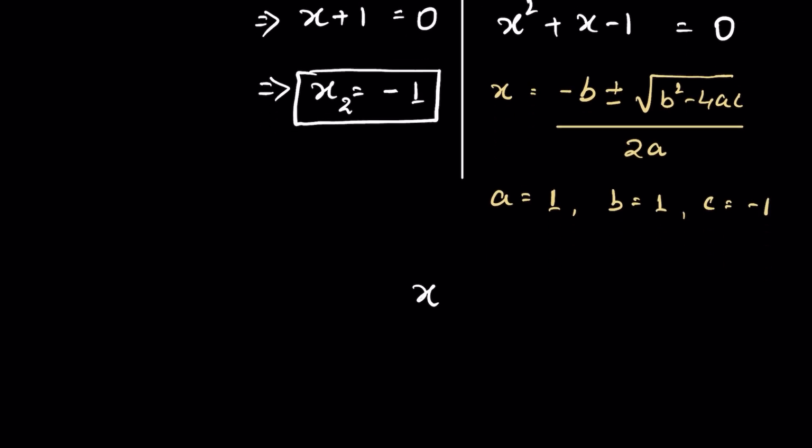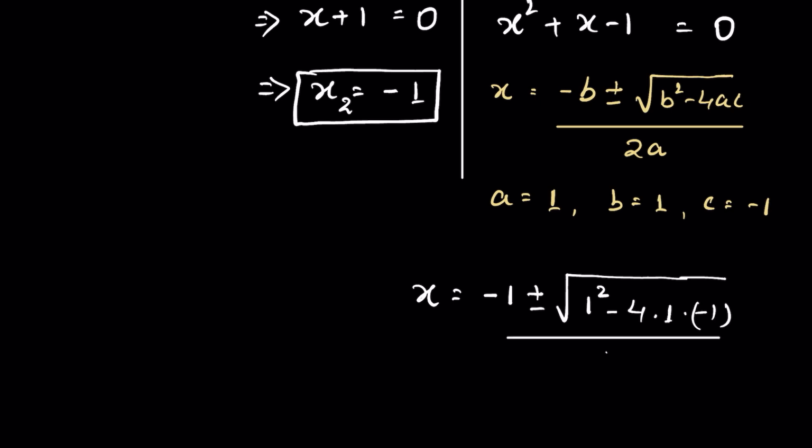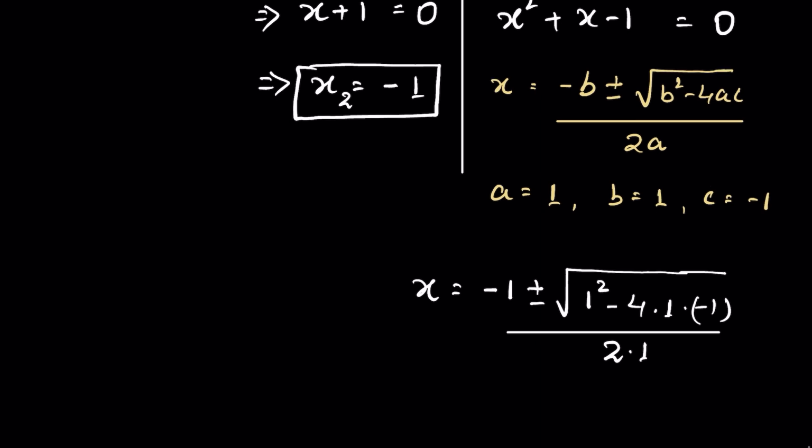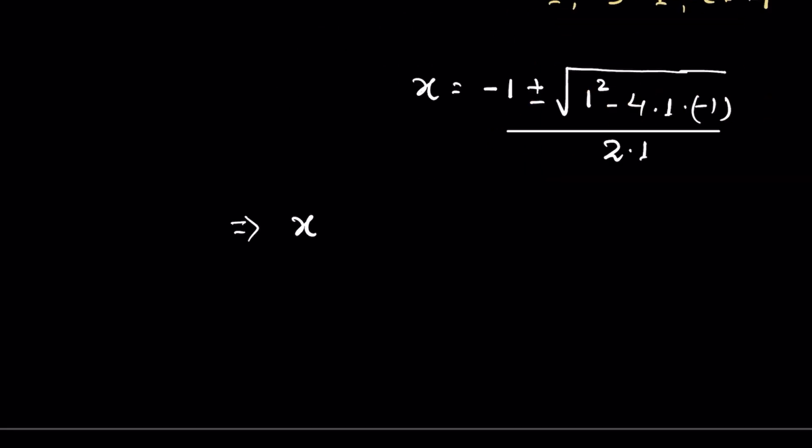So x equals minus 1 plus or minus the square root of 1 squared minus 4 times a, which is 1, and c, which is minus 1, upon 2 times 1. Therefore x equals minus 1 plus or minus the square root of 5 upon 2.